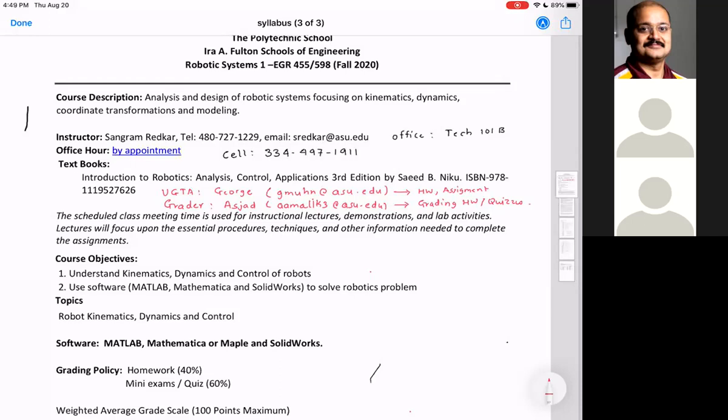Any other questions related to homework, quizzes? So course objectives, we have to study kinematics, dynamics, and control. We have to use software, and I have to be very specific. When we say software, we plan on using MATLAB, Mathematica, and SolidWorks to solve robotics problems.